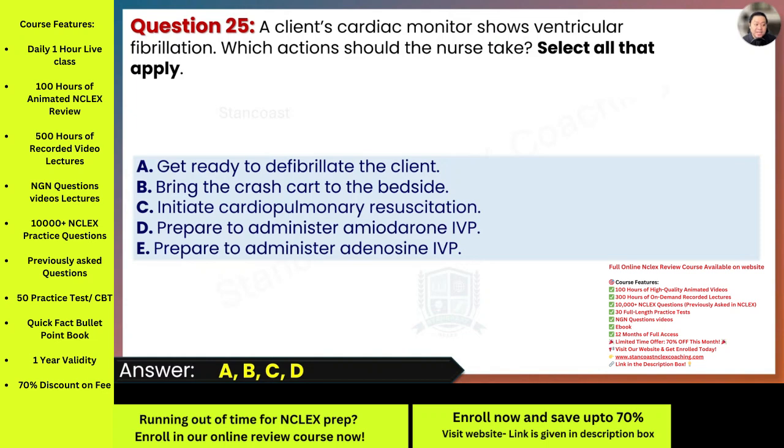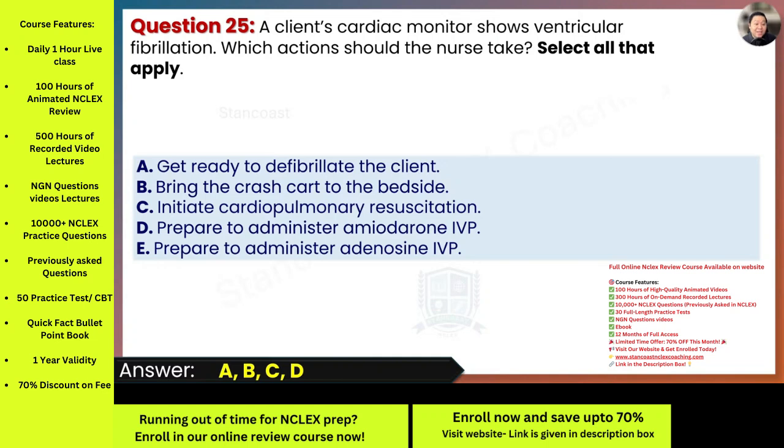Now, what about letter C? Initiate CPR. While defibrillation is being prepared, or while it is administered, you as the nurse should also start CPR in case the defibrillator is not available yet. You're going to deliver chest compressions and rescue breaths to maintain circulation and oxygenation to the brain and the other vital organs while waiting for the defibrillator.